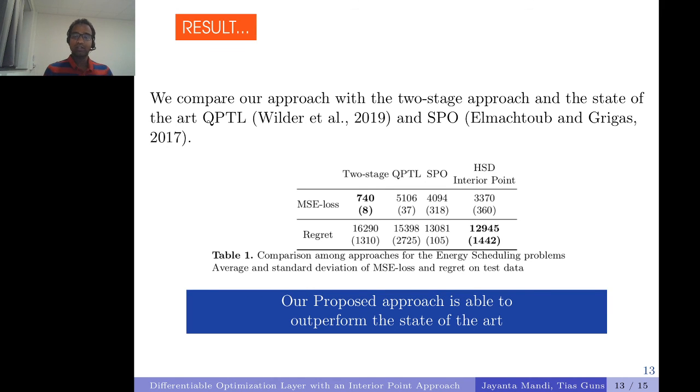Then we compare our approach with the two-stage approach, with SPO, which is a subgradient based approach, and QPTL, which also differentiates the KKT conditions, but first adds a quadratic term which is not part of the actual LP, and we show that we are able to outperform both two-stage and QPTL and marginally outperform SPO.